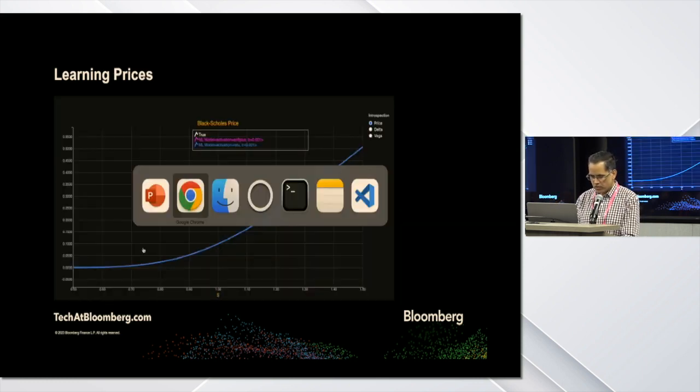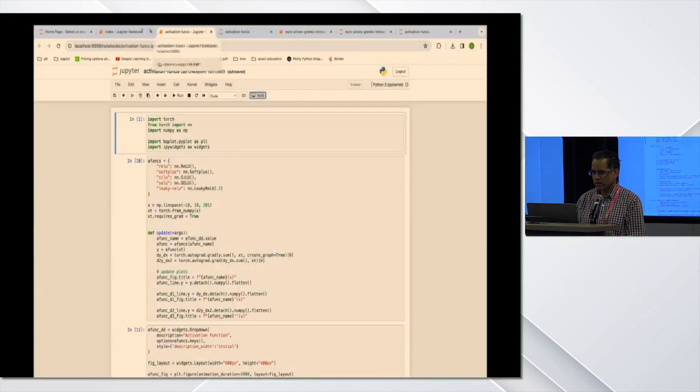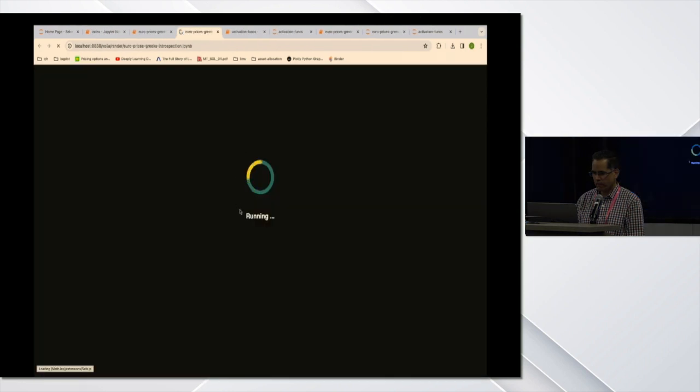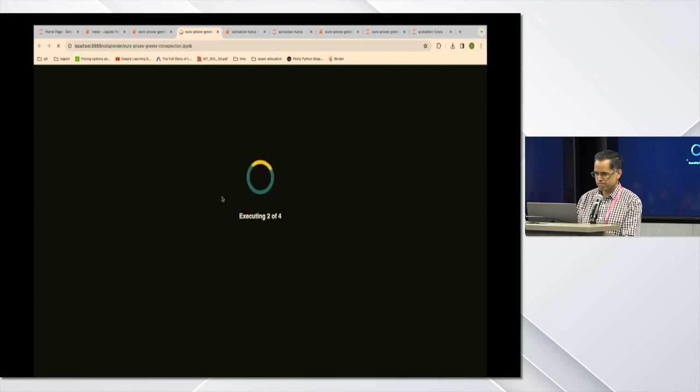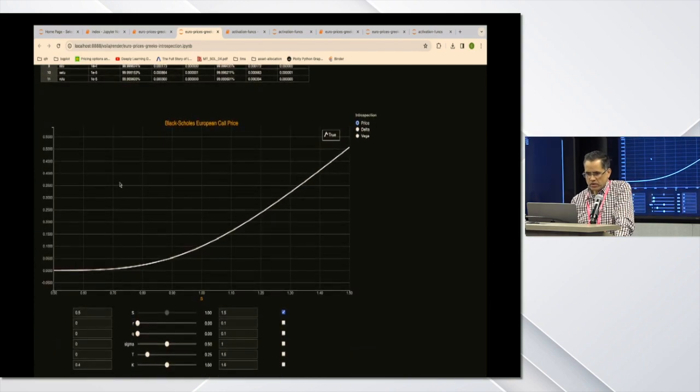So let me show you one more quick demo. Here we have a nice tool called introspection. Think of it as a partial dependency plot, where if you have a smooth function of multiple inputs and one output, you can freeze some of the inputs.